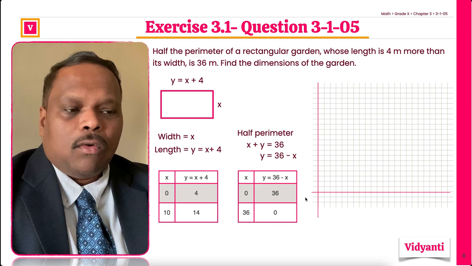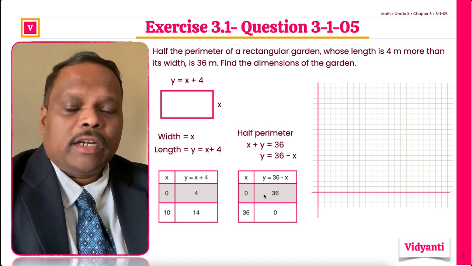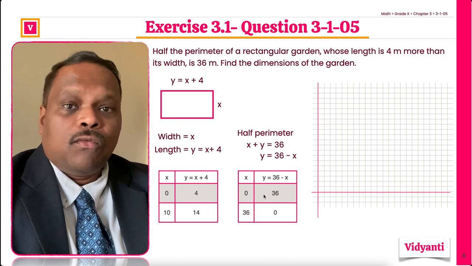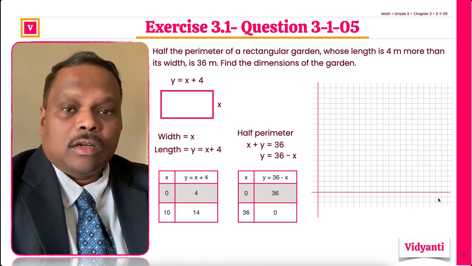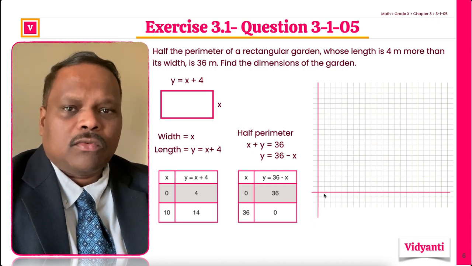So I selected 1 square equal to 2 units. In your case, you might have to go for 1 square equal to 4 units. It depends upon how many centimeters or major grid lines you have along the x-axis and y-axis. For me, in this case, 1 centimeter or 1 square equal to 2 units works fine.